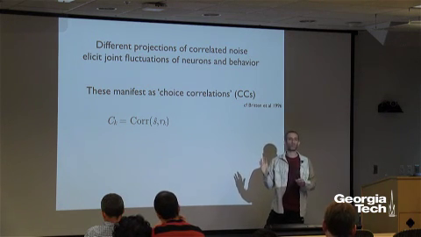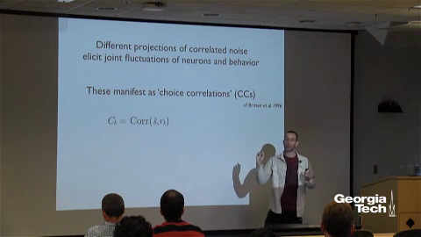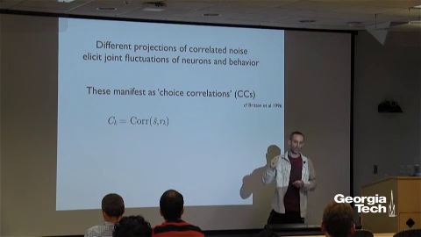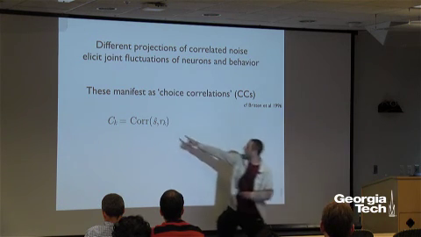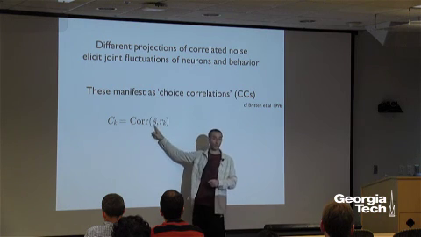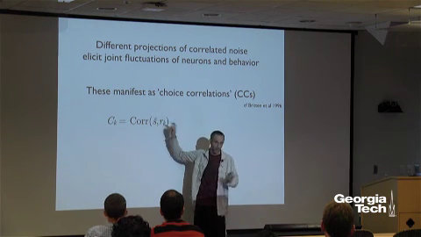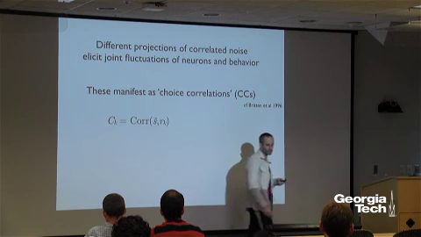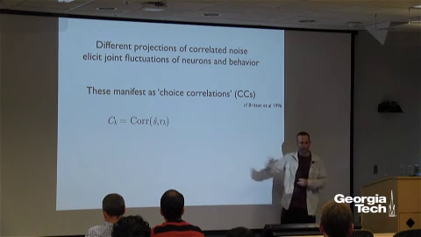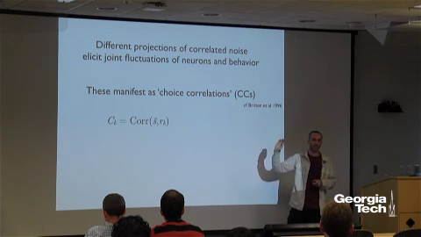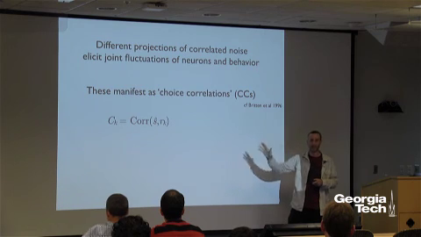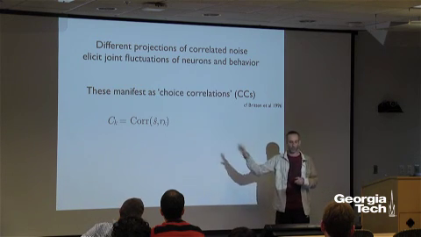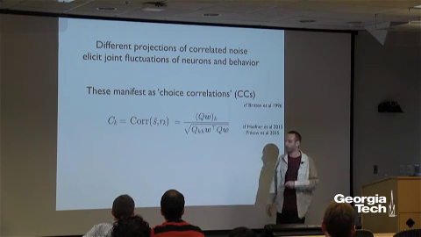But a much simpler way of thinking about it is just choice correlations. This is the correlation between a neuron and the choice of the animal. And here the choice is a continuous choice, so we can put it in quotes. But this is just an affine transformation from choice probability. It's the same thing if you're more familiar with choice probability. This is essentially no different.